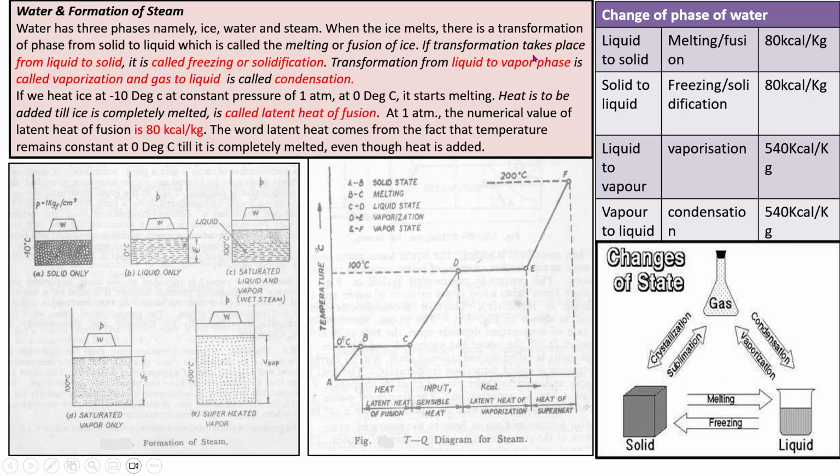If the transformation takes place from liquid to solid, then it is called freezing or solidification. Similarly, transformation from liquid to vapor phase is called vaporization, and gas to liquid is called condensation.